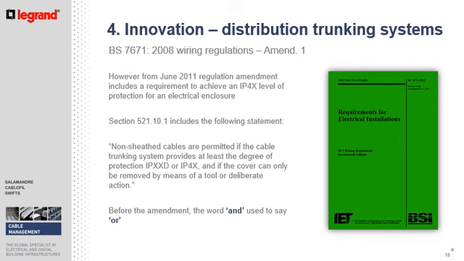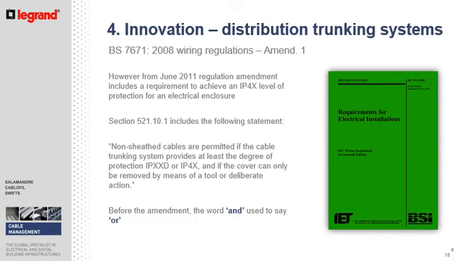The statement reads, non-sheathed cables are permitted if the cable trunking system provides at least the degree of protection IPXXD or IP4X, and if the cover can only be removed by means of a tool or deliberate action.